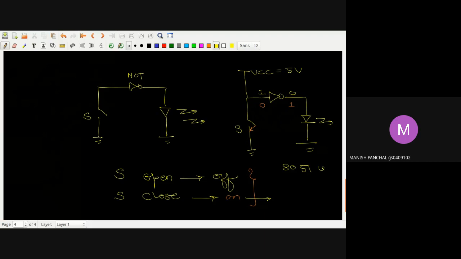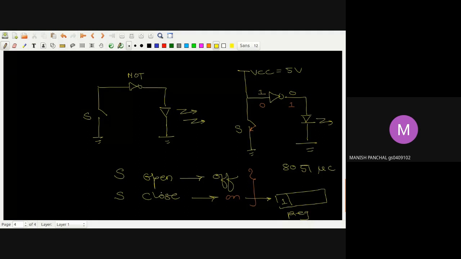AT51 microcontroller, or we can take microprocessor also. So when the switch S is closed, it may be possible that this microcontroller has some type of register inside as well. When the switch is closed, it may register this one as a response 1.